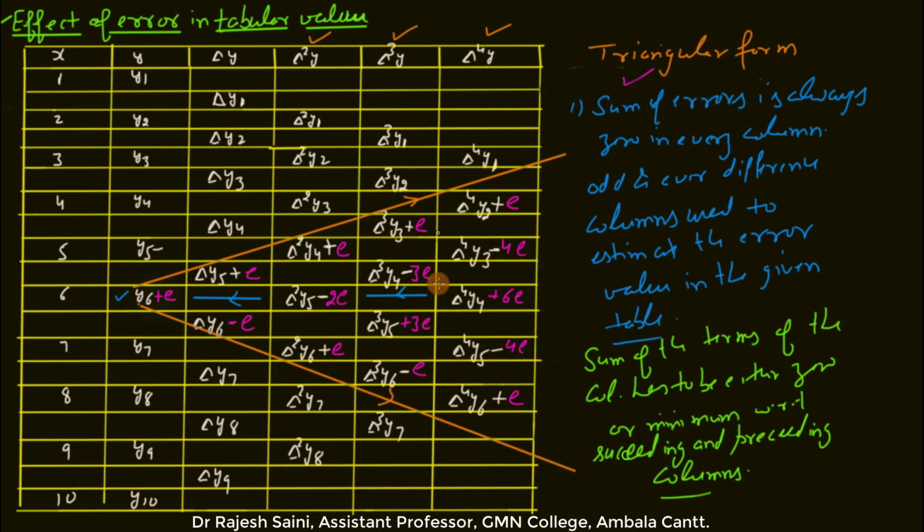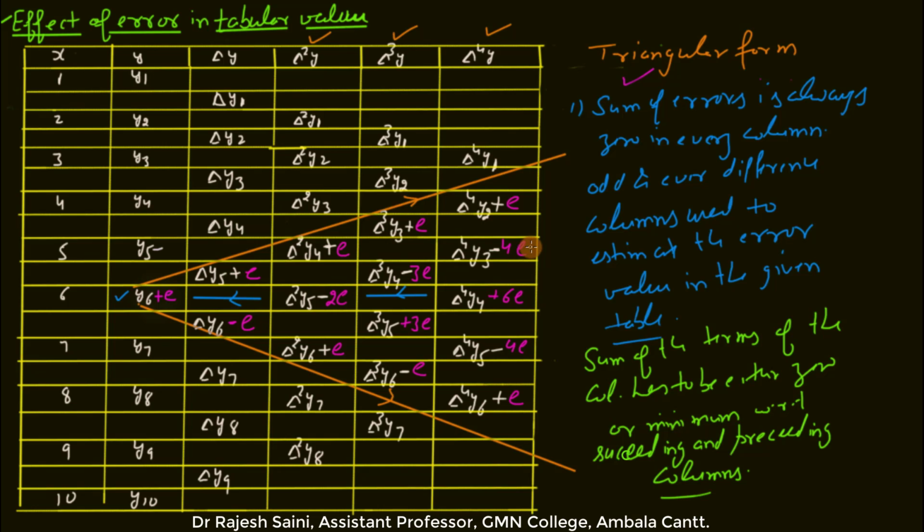So this concept we will be using in problem solving. When the sum becomes 0, that will imply that the forward difference terms in the preceding column will become constant. So that is why the whole sum will become 0.